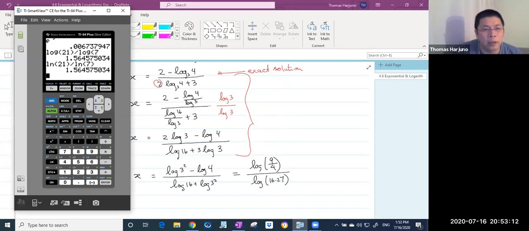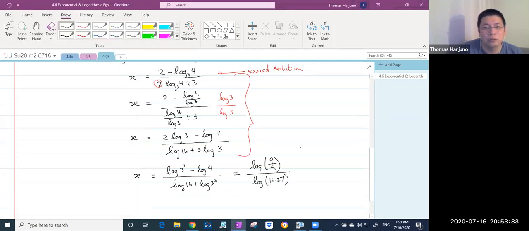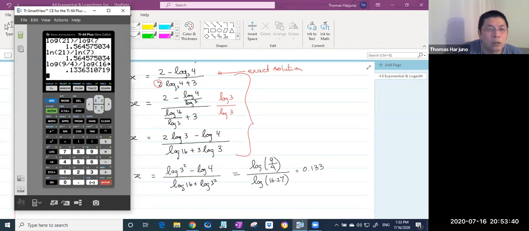So on the top I get log of 9 over 4, close parentheses, divided by log of 16 times 3 cubed, or if you know 3 cubed is 27, go ahead. The answer is 0.133 something, 0.13363.